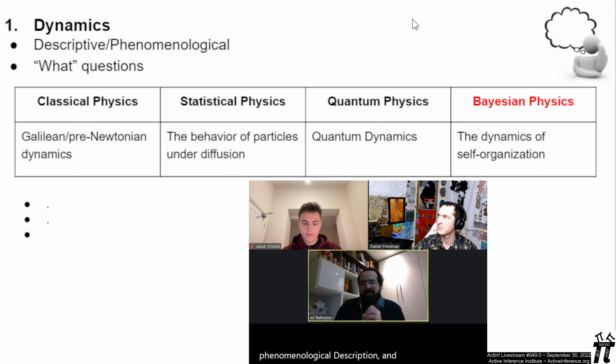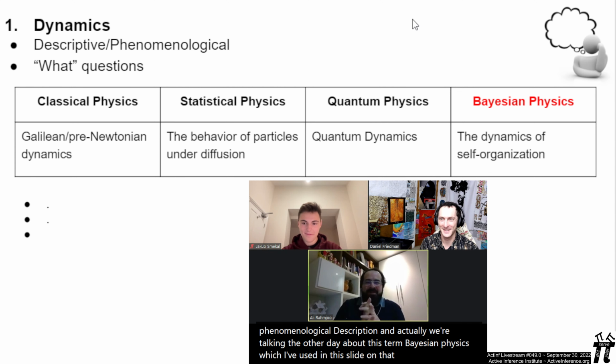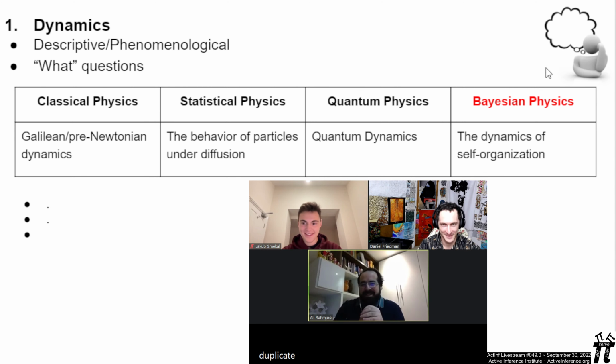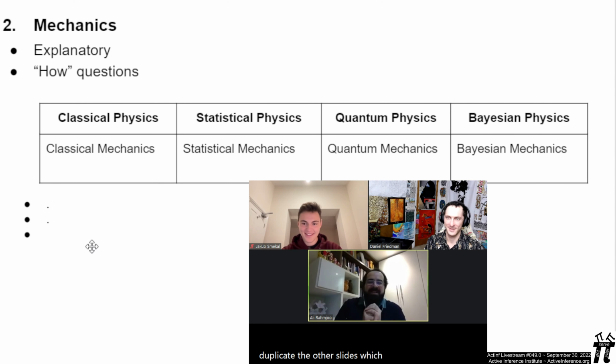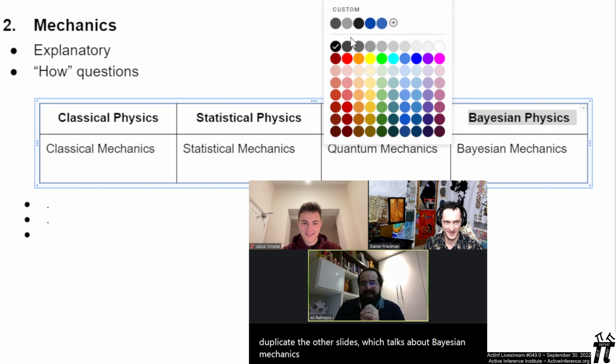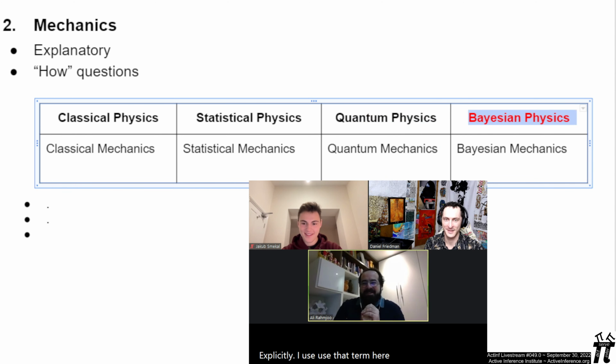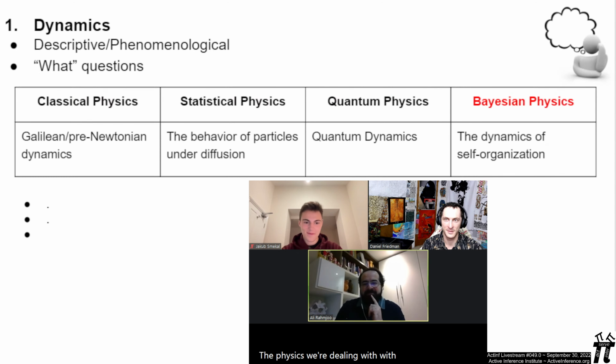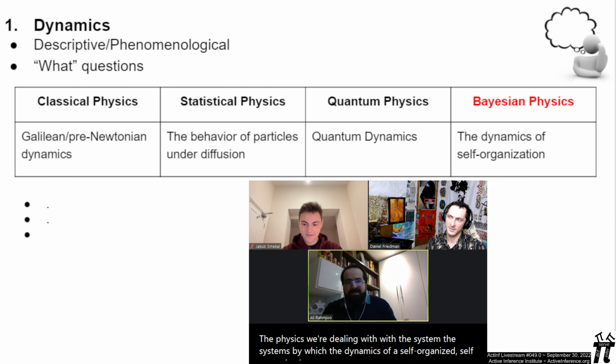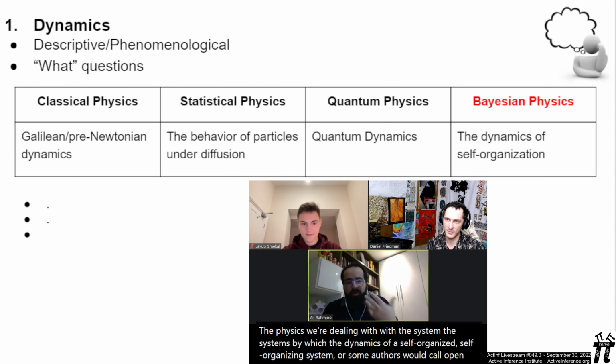And actually, we were talking the other day about this term Bayesian physics, which I've used in this slide. I'm not sure how Dalton would react to that, but in order not to duplicate the other slide, which talks about Bayesian mechanics explicitly, I use that term here. So in Bayesian physics, we're dealing with the dynamics of a self-organizing system, or what some authors would call auto-organizing systems.